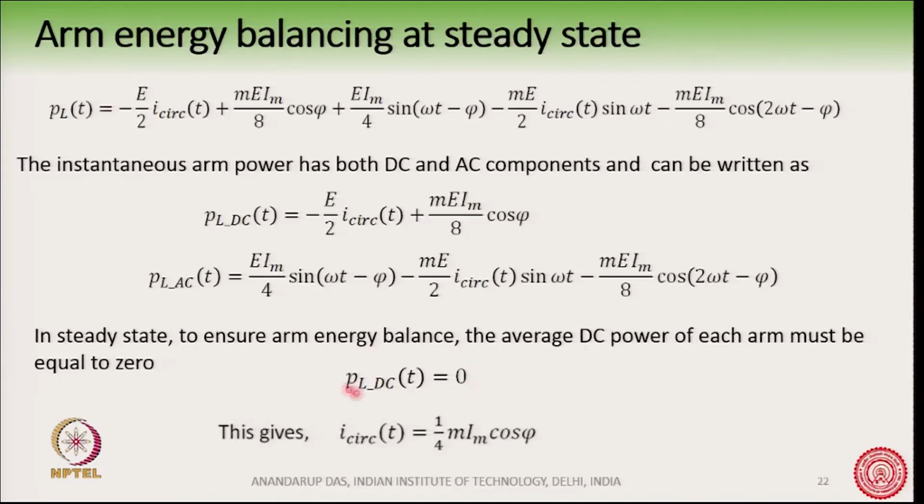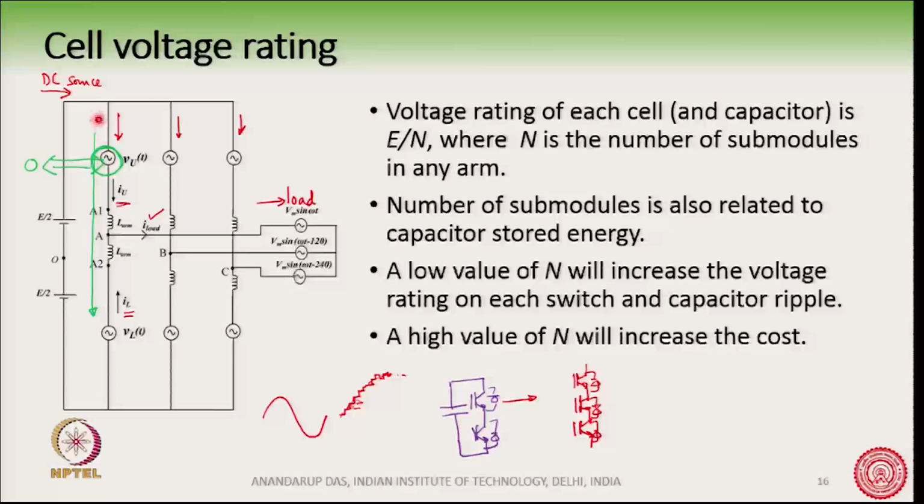So, this P_L,DC should be equal to 0, and this gives the same value of the circulating current for the lower arm, indicating that whatever DC component is flowing in the upper arm is also flowing in the lower arm, and that justifies the current that I have drawn here. The DC is flowing from the upper arm through the lower arm and going back to the source.